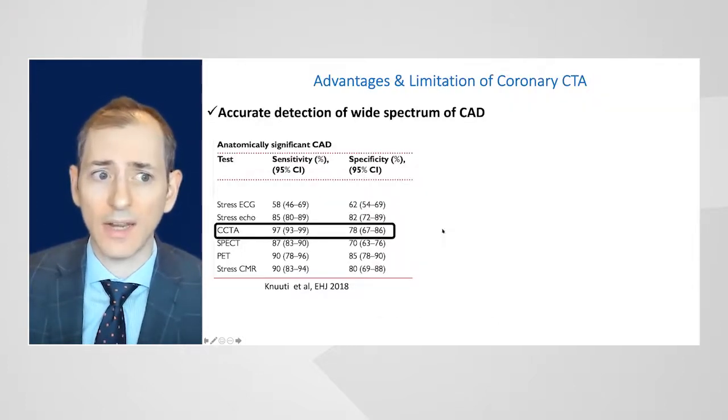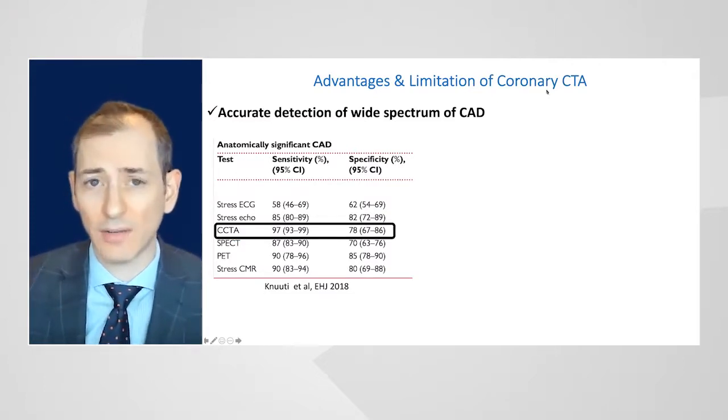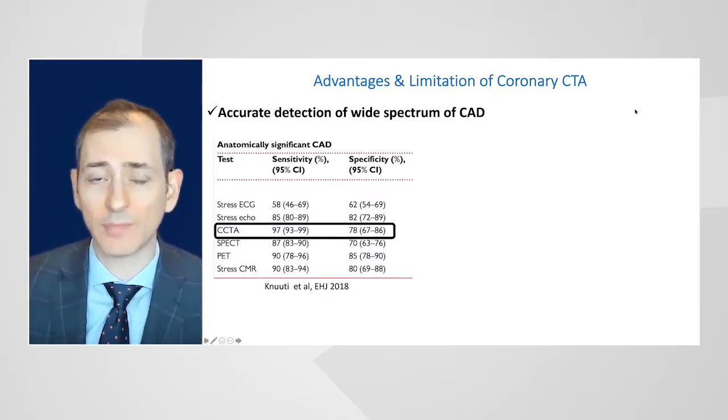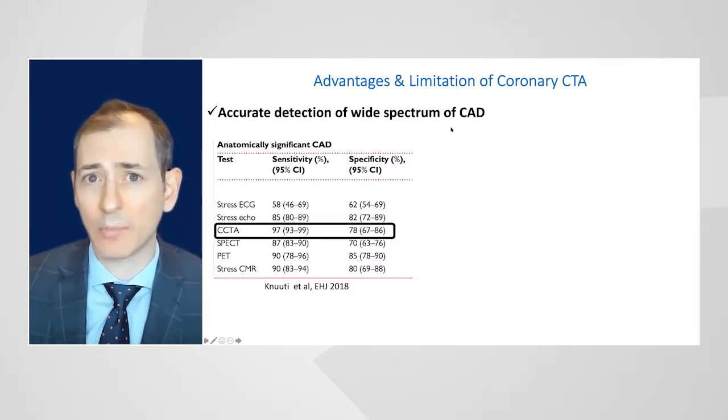So if we now look at what are the advantages or limitations of coronary CTA, and many of these are true both in the acute chest pain and the stable chest pain setting. One of the most important ones is that coronary CTA is highly accurate for detecting not just plaque, but stenosis.